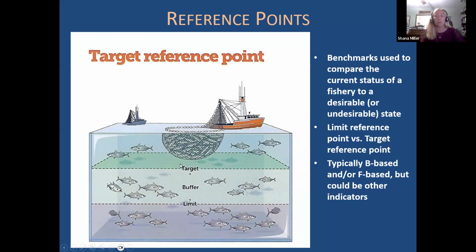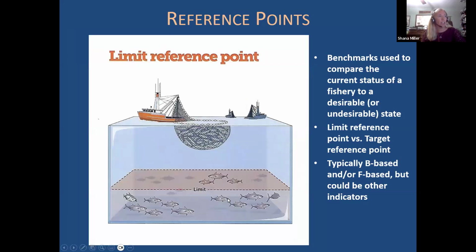And that might be based not just on the biology of the stock, but different socioeconomic factors, kind of like the catch rates we were talking about. And then your limit reference point is where you don't want to be, that safety objective, the dangerously low point that you want to avoid.